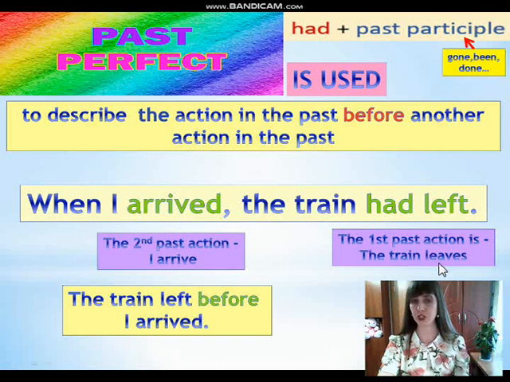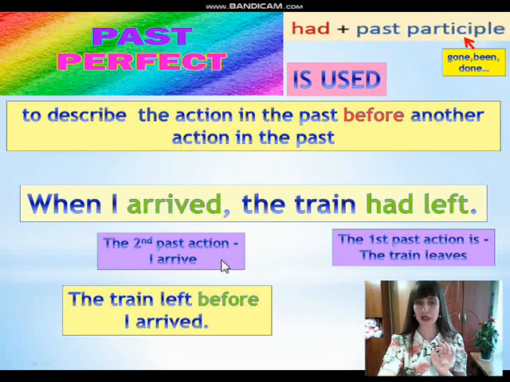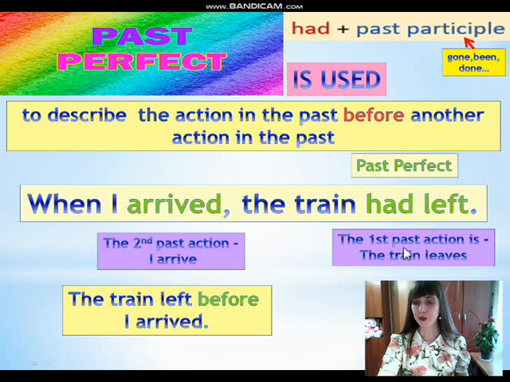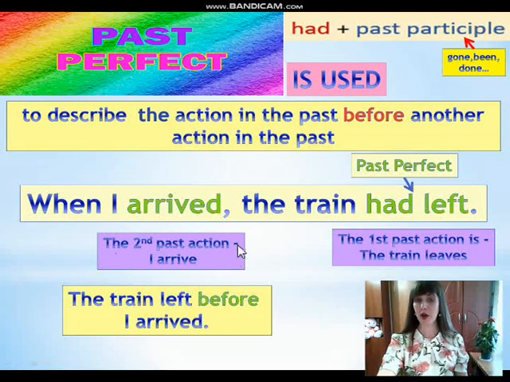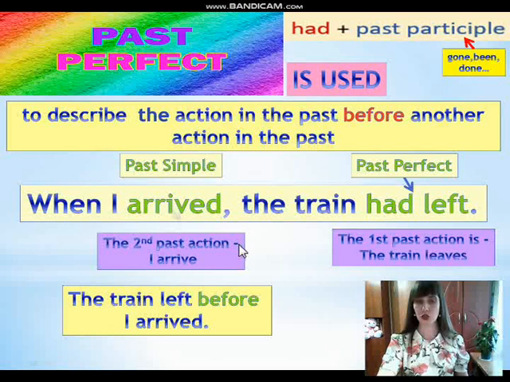That is the first action. And the second past action, I arrive. So, for our first past action, we should use the past perfect tense. For our second past action, we should use the past simple tense, okay?